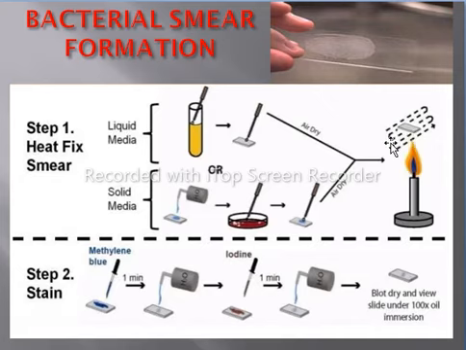The purpose of heat fixation is that the slide must pass through a few steps using different dyes, so fixation prevents smear loss. In the second step, the slide will be flooded using different dyes across a few steps, and at last observation through the microscope aims to confirm whether the bacteria is gram-positive or gram-negative on the basis of color.